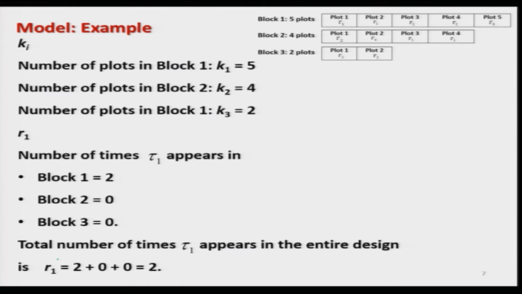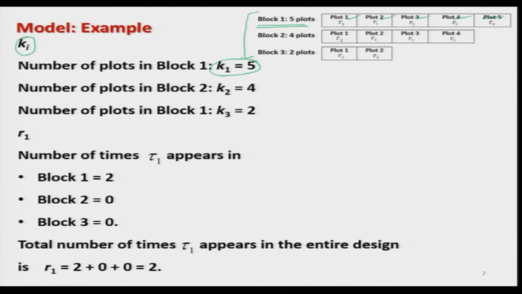I have copied the structure of blocks 1, 2 and 3 so that you can understand the interpretation easily. The first symbol we are going to address is K_i. K_i was the total number of plots in the ith block. Block 1 has 5 plots, 1, 2, 3, 4, 5, so K1 is going to be 5.